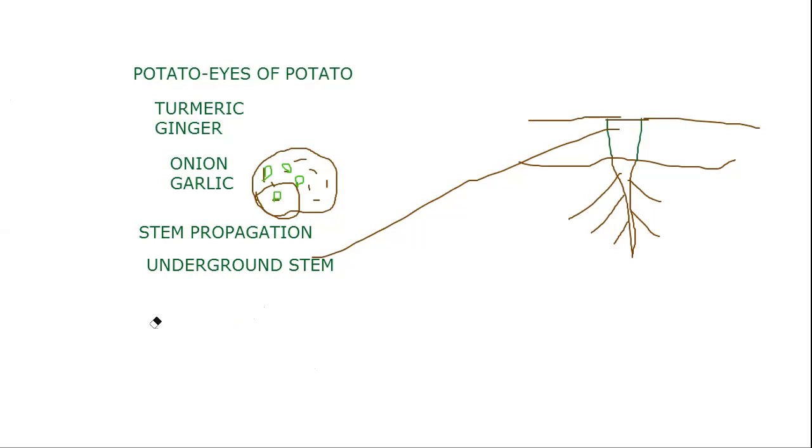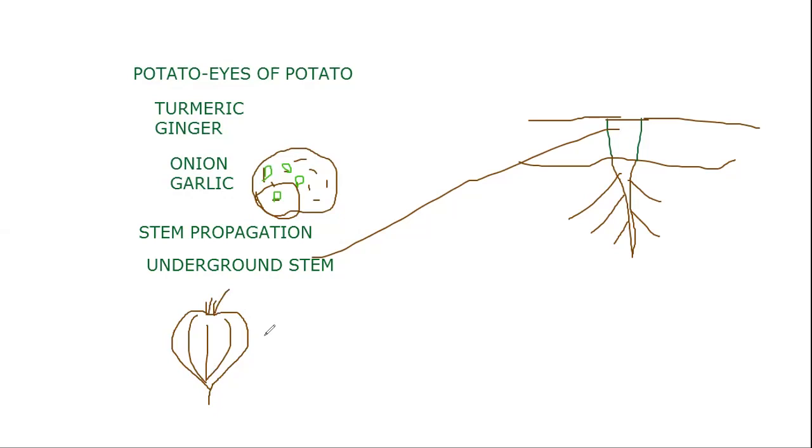It will be like a bulb. So onion and garlic will be in this shape, looking like a bulb. You can see some hairs here, right? They are nothing but the roots.